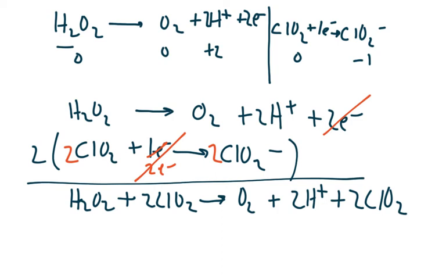Okay? So here's what we're going to do. We're going to convert this to basic. When you convert to basic, remember you have hydroxides at your disposal. Look for where you see hydrogen ions. There are 2 of them. So we're going to add 2 hydroxide ions here. But whatever you do to one side of the equation, you must do to the other. So I must add 2 hydroxide ions to the reactant side.